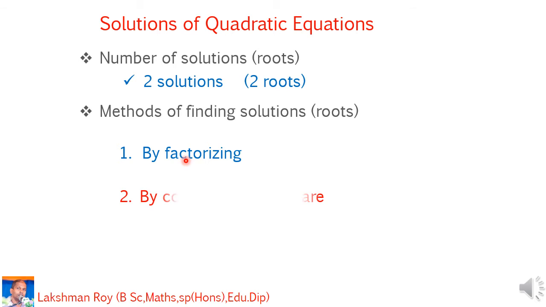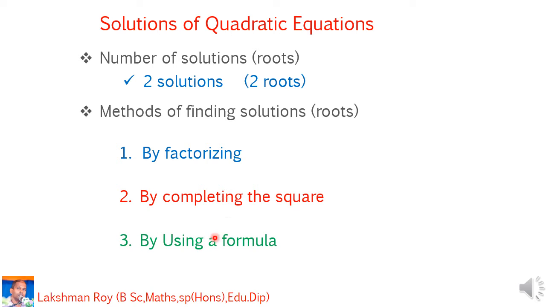The second method is completing the square, which you will learn in grade 11. Another one is using a formula. The last method is the most common method to solve quadratic equations.